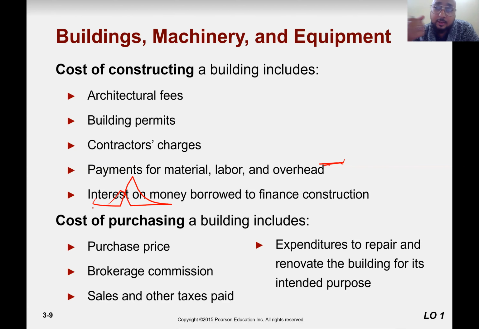You are constructing the building, you take a loan and you have to pay interest. The interest that you pay while you are still in the process of completing the building would be added into the cost of the building.